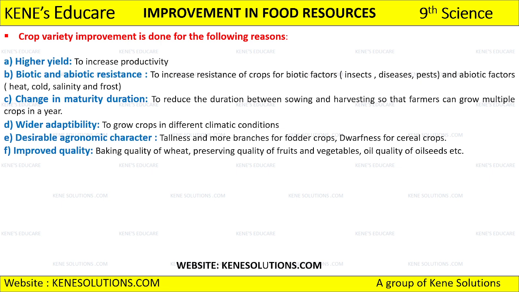One of the reasons is having higher yield, then to make the plant biotic and abiotic resistant, then to change the maturity duration, wider adaptability of the plant, desirable agronomic characters, and lastly, improved quality. Okay, so these are the reasons why crop variety improvement is important.